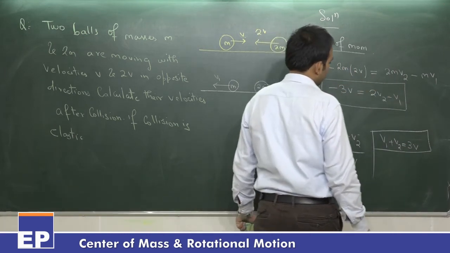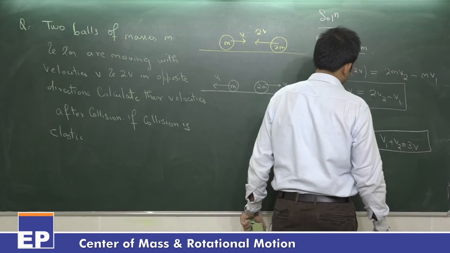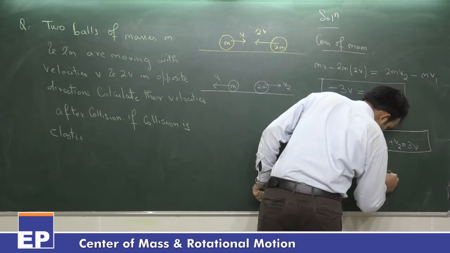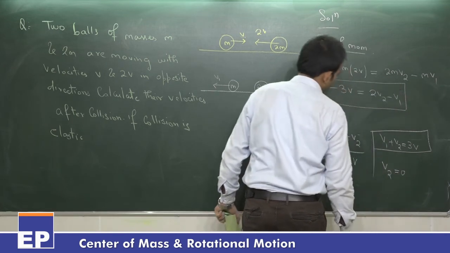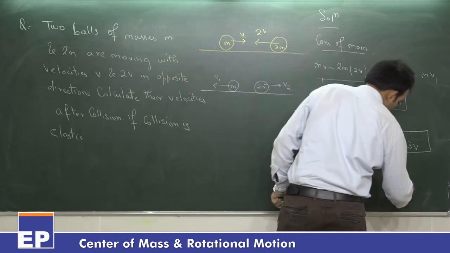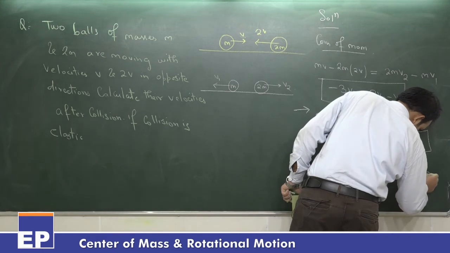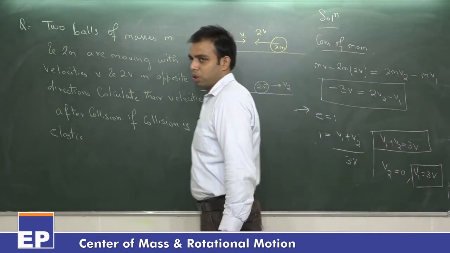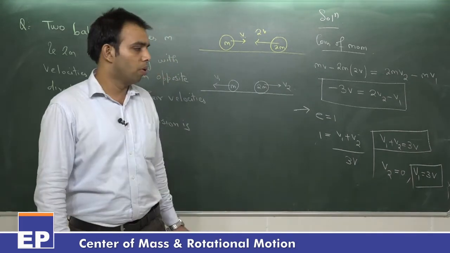If we add these two equations, that is 2V2 plus V2, that is 3V2. 3V2 is 0, so what is V2? V2 is 0. If V2 is 0, put it here. So what is V1? V1 is 3V.